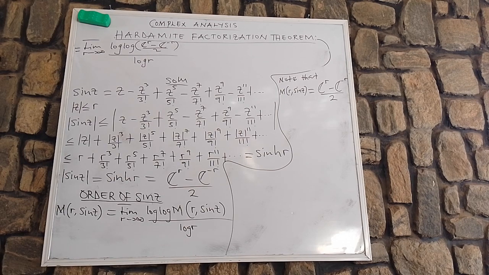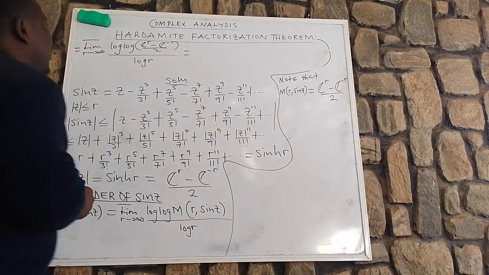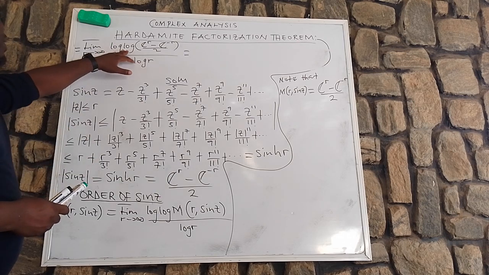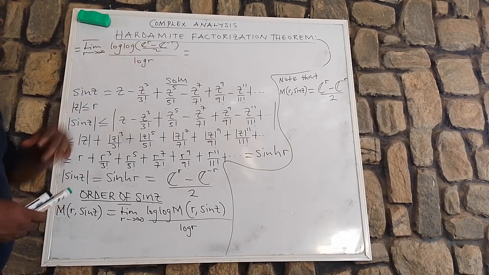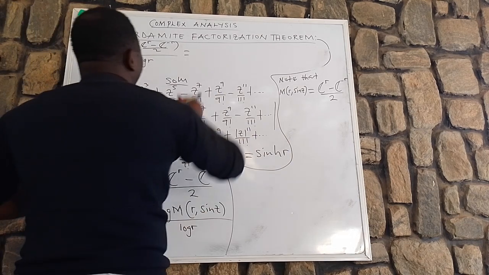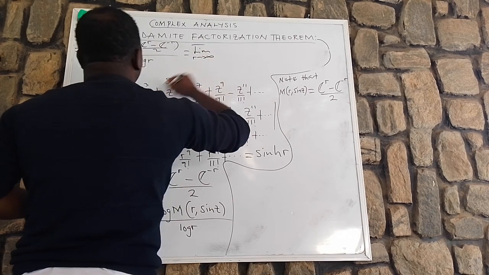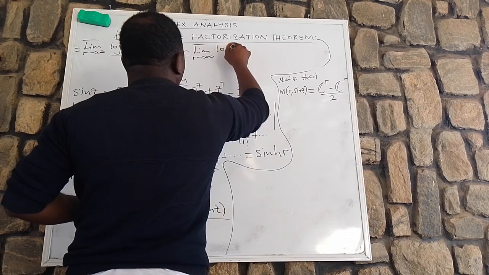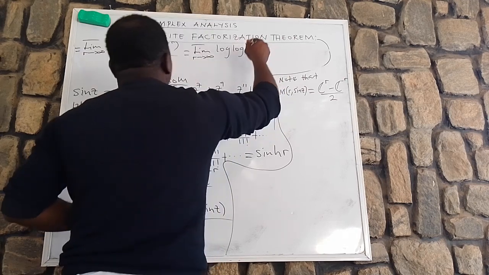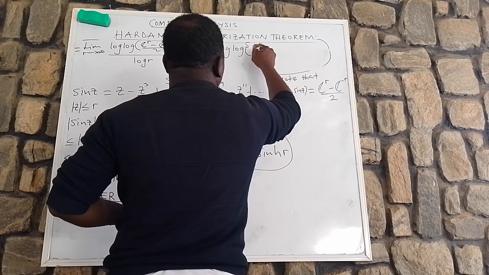So do you agree with me? Okay? So if you agree with me, this is the same thing as, please just follow me up, because at this point we are going to use our elementary algebra to do anything that we want to do here. So the upper limit of R tends to infinity log times log open bracket, let us open a bigger bracket. We know that this is, we can write this as this.